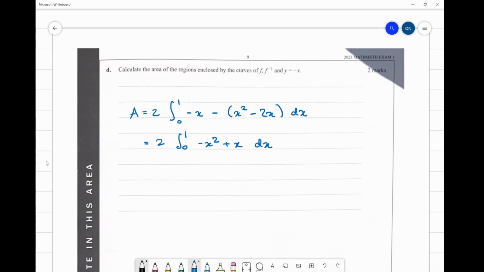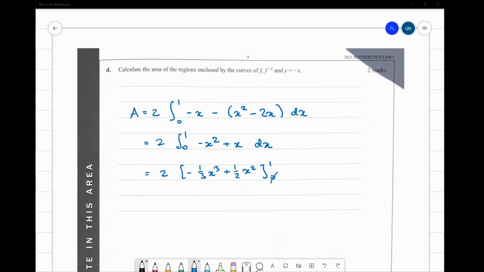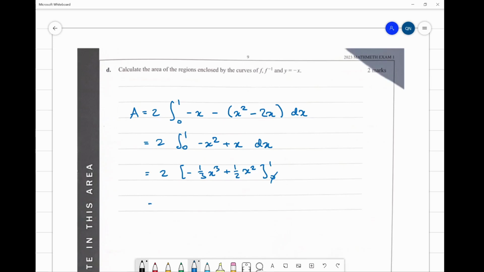Nice and simple. So this is equal to 2 times, we have negative 1/3 x cubed, and then plus a half x squared, from 0 to 1. We can ignore the 0 because plugging 0 in is going to make everything 0. So if we just plug 1 in, what do we get? We get 2 times negative 1/3 plus 1/2.